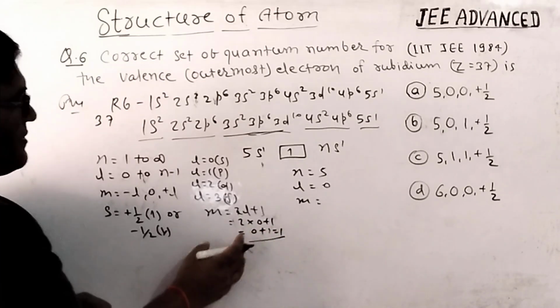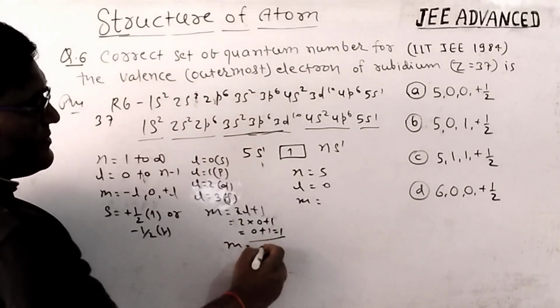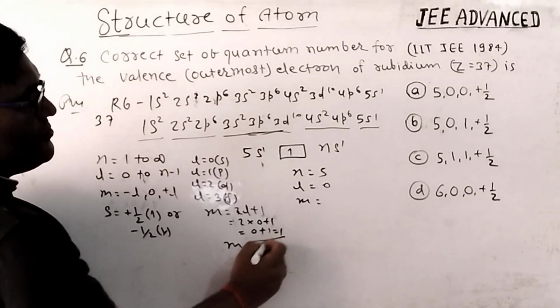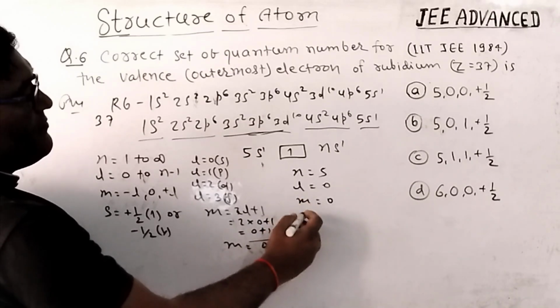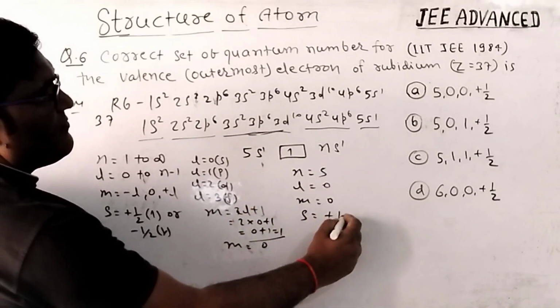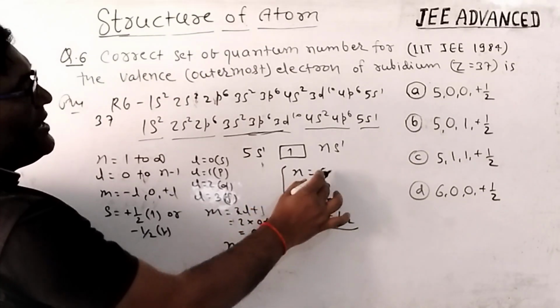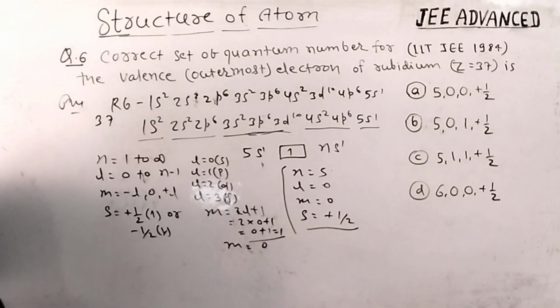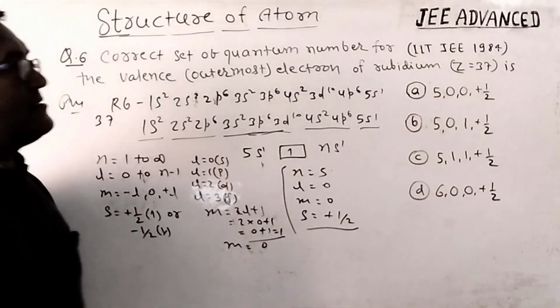So now the value of m is 0. So m is 0, and for s, the spin quantum number for clockwise spin is plus half. The value of s is plus half. So 5, 0, 0, plus half is the correct answer. 5, 0, 0, plus half, option A is correct.